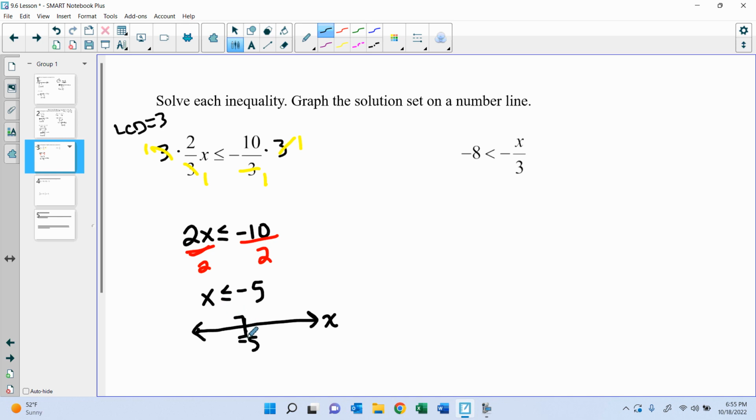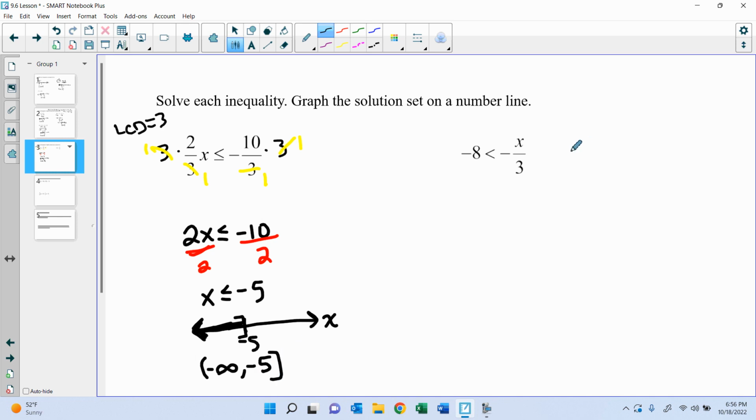So equal means I'm including negative 5. Less is left. So I shade left. And then for interval notation, when you have an arrow, it's an infinity. Since it's on the left, it's a minus infinity, comma, negative 5, and square bracket, just like we used there.